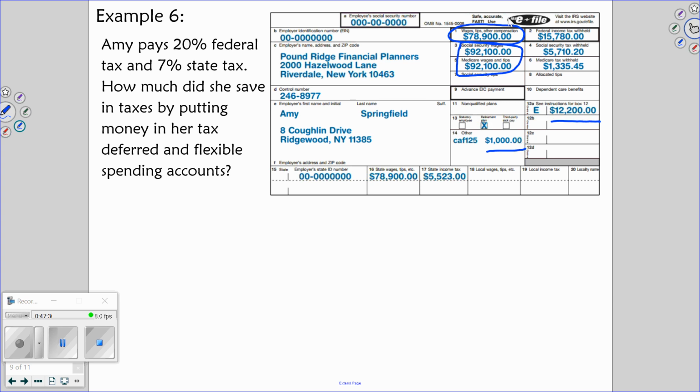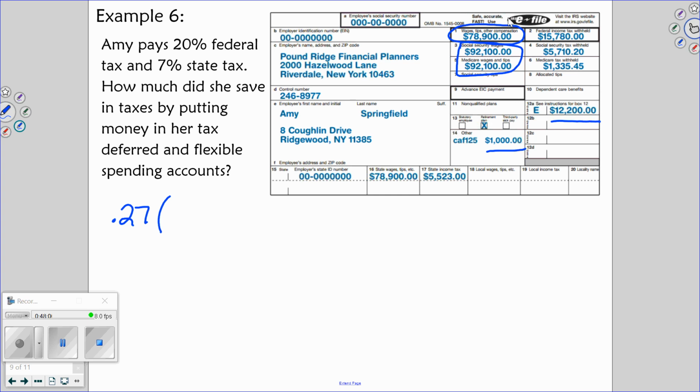So if Amy pays 20% and 7%, can I combine those and say that she's paying 27%? Yes, I can. All right, so I want to know how much did she save. So I need to figure out what is her percentage before she took that money out. What's the percentage after she took it out? We'll see the difference. Okay, so let's do 27%.